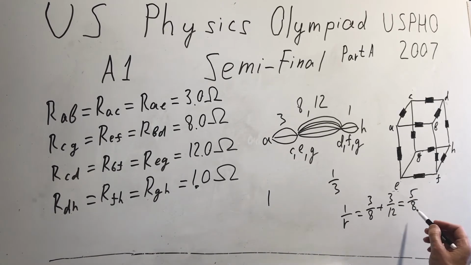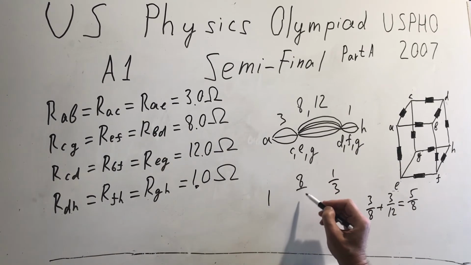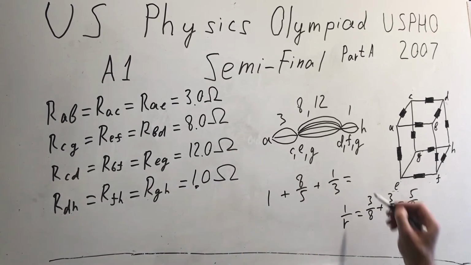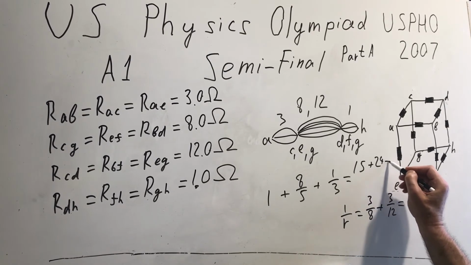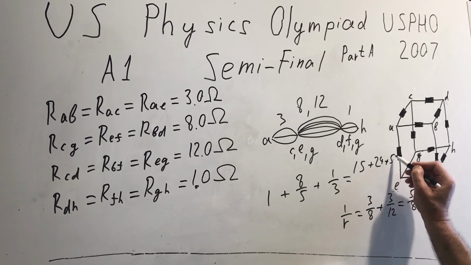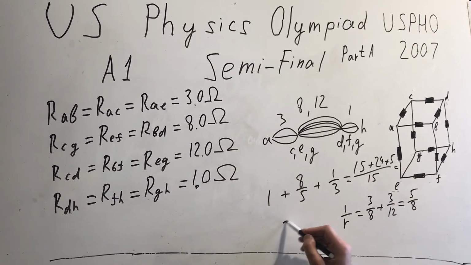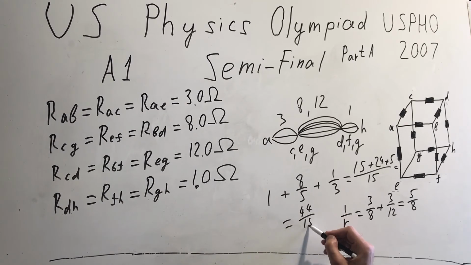And the equivalent resistance R between these 2 points is 8 over 5. So finally we have 15 plus 24 plus 5 over 15, which is 44 over 15 ohm. So that's the final result, and this result is correct.